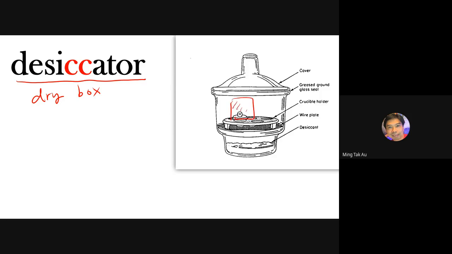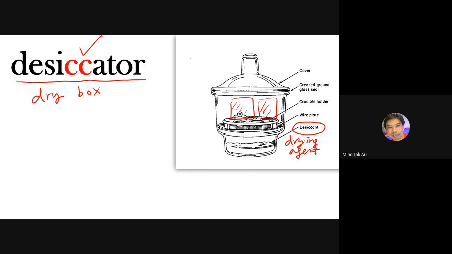We will place the chemical right here, which will keep it dry in this box. So we have a desiccant. Sometimes we can say drying agent, an absorbent of moisture. We want to keep it dry, so we can place it in a desiccator.